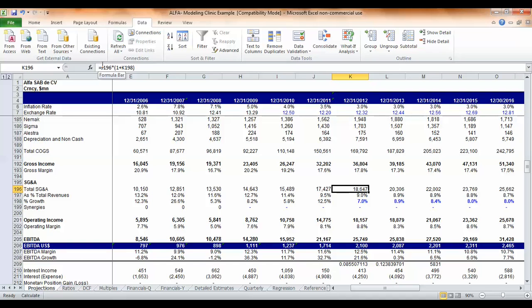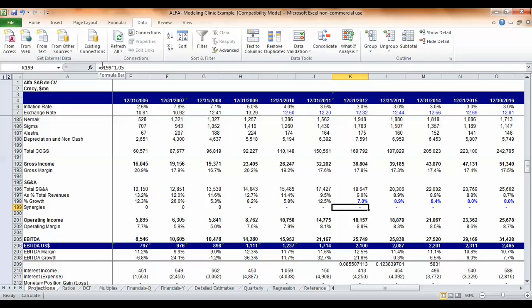Maybe you have a base cost structure for that corporate office, and it will grow at inflation rate, but not at the same rate as revenue. So in this case, you can assume that it's fixed. So it grows at a different rate, and you want to model it differently than as a percentage of revenue.